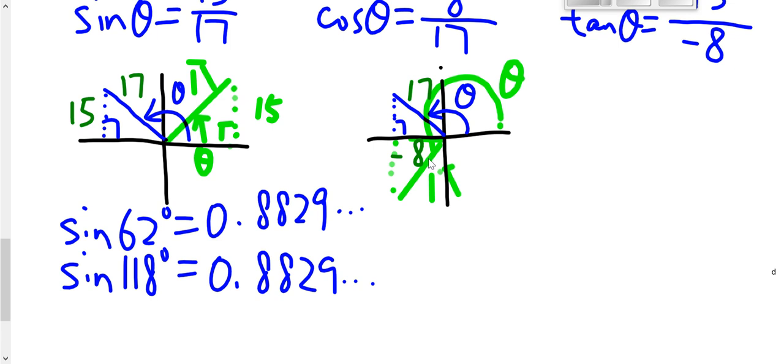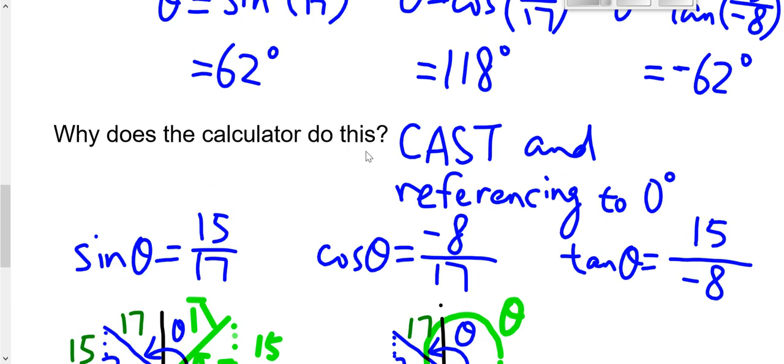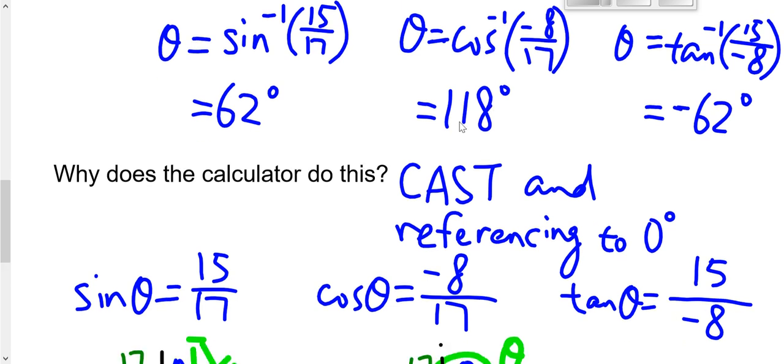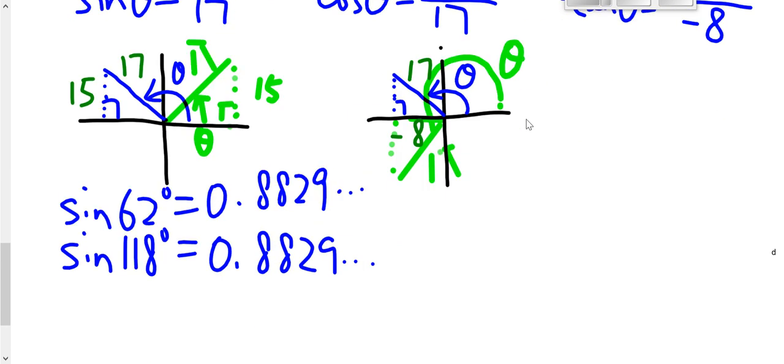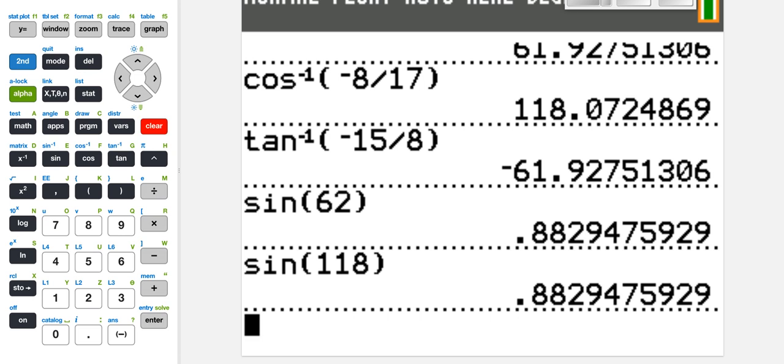So if you look at this, the original angle using cos that we found was 118. So let's do this. Cos 118. Clear all this.